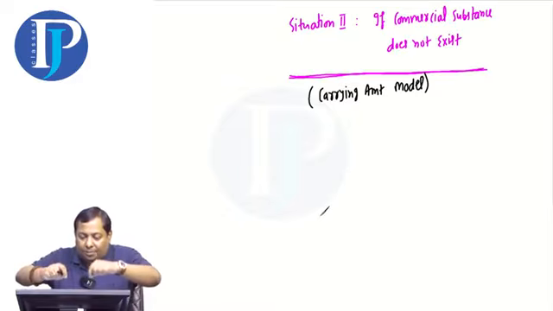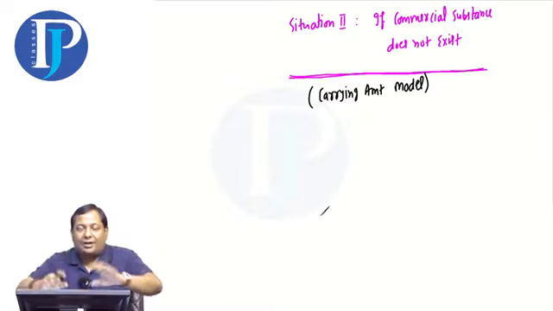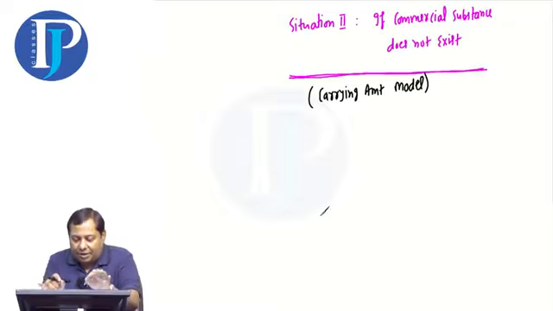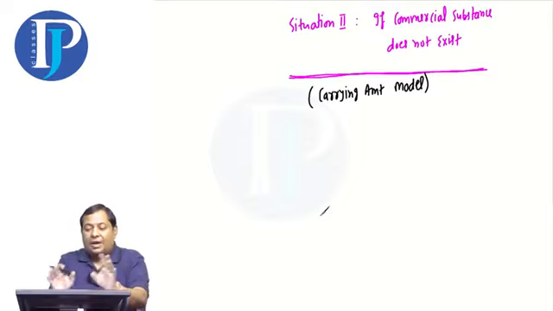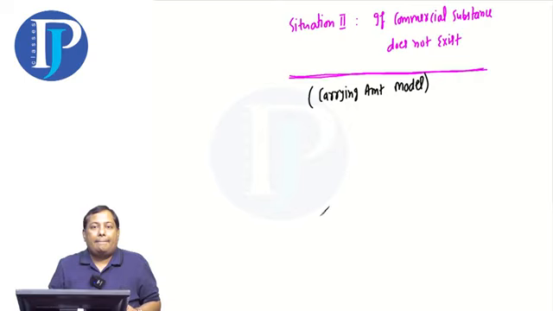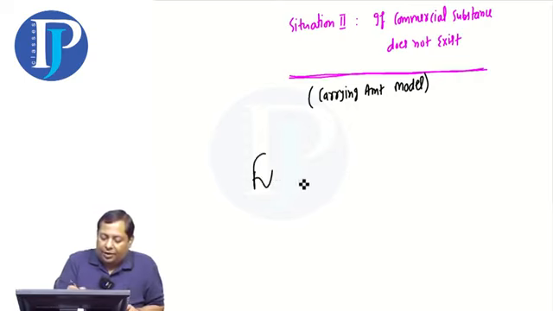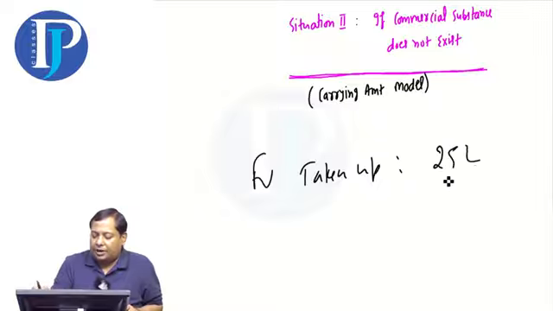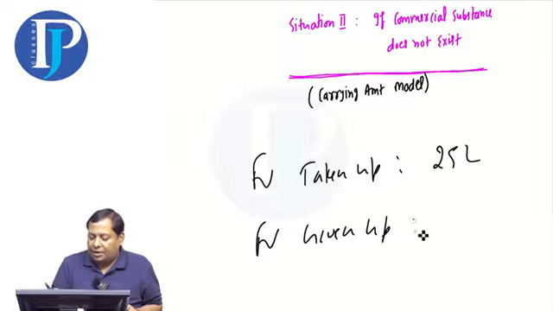Students, that means situation 2 is very exceptional and rare. It will only be applied when the question asks us to apply it. Did everyone understand the point? Yes or no? Otherwise, do not apply this. How to apply? Let's say the fair value of the asset taken up is 25 lakhs. Fair value of the asset given up is 20 lakhs.